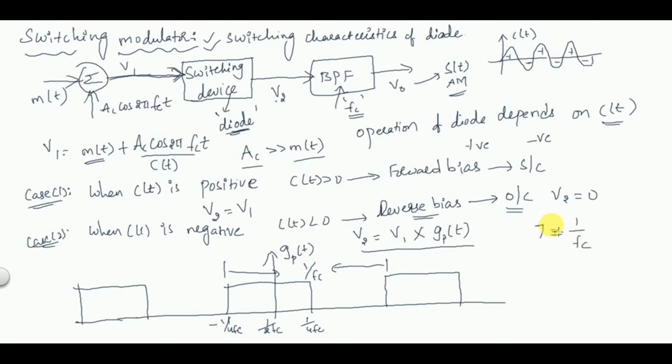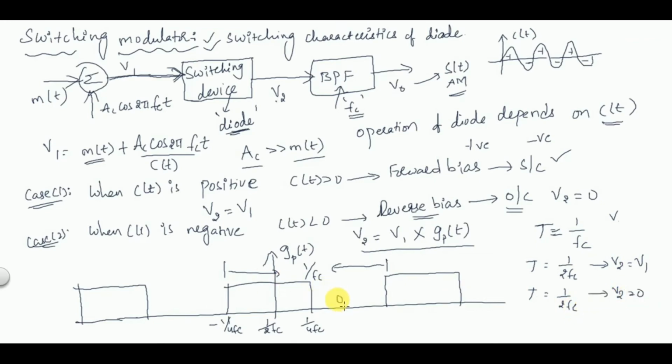It will be on for the first half cycle, so for half of the cycle it will be on, that is t is equal to 1 by 2 fc, and the output V2 is equal to V1. For the other half cycle, the other 1 by 2 fc, V2 is equal to 0.